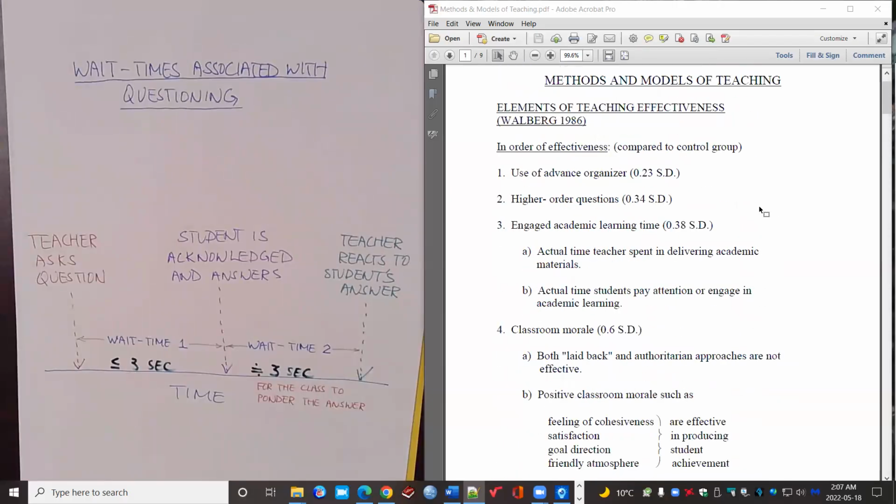So let us go back and take a look at each one of them. Use of advanced organizer. Here, the use of advanced organizer is to lay the groundwork for the coming lesson. And by doing this, you steer the students towards the learning materials.